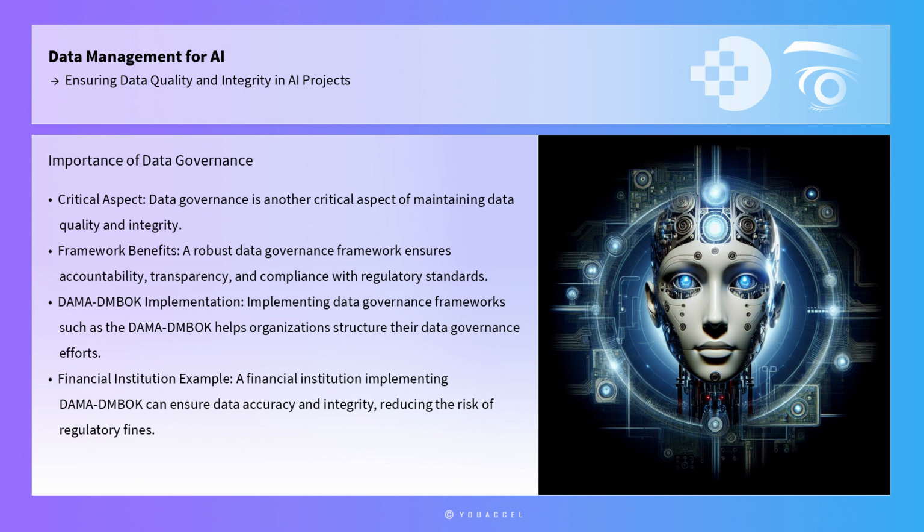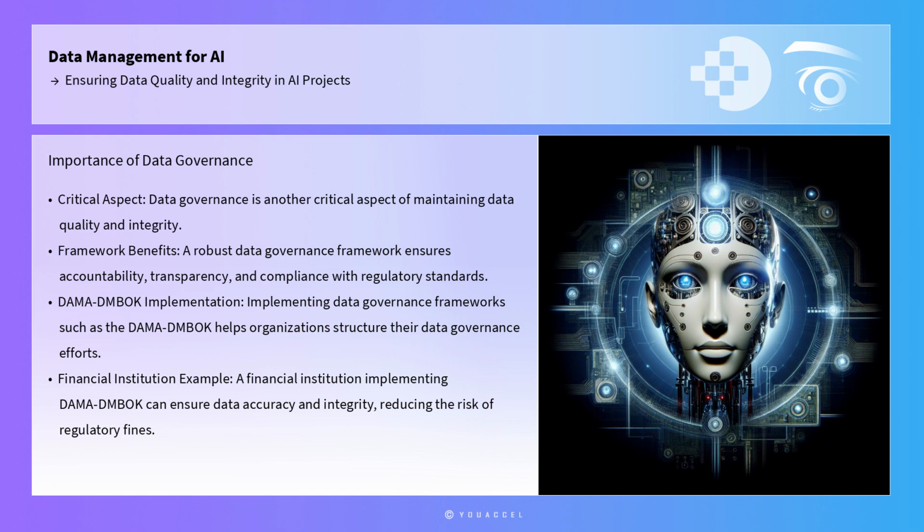Data governance is another critical aspect of maintaining data quality and integrity. It involves establishing policies, procedures, and responsibilities to manage the data lifecycle effectively. A robust data governance framework ensures accountability, transparency, and compliance with regulatory standards. Implementing data governance frameworks, such as the DAMA-DMBOK, helps organizations structure their data governance efforts.